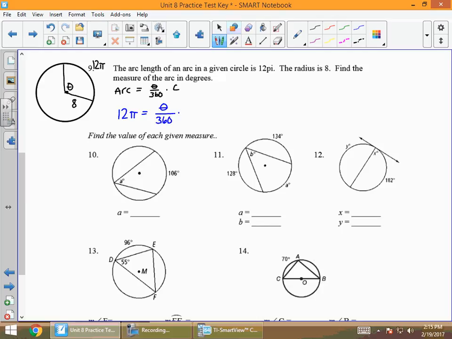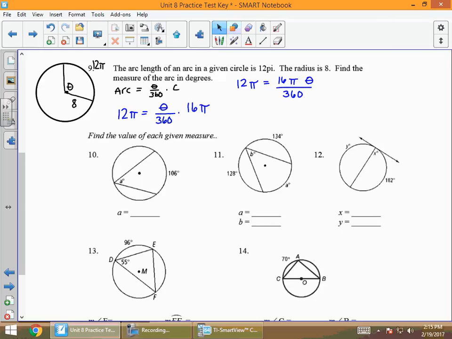And the circumference is going to be pi times diameter. Well, if the radius is 8, then the diameter is 16, so the circumference is 16 pi. I'm going to clean that fraction up a little bit, and I can say that 12 pi is equal to 16 pi times theta, all out of 360.